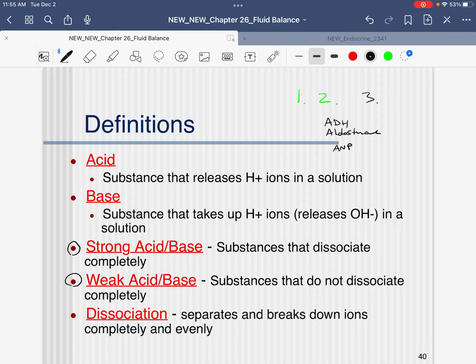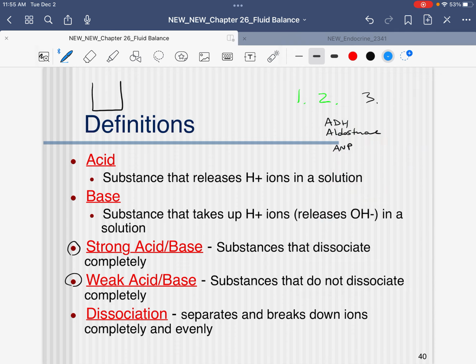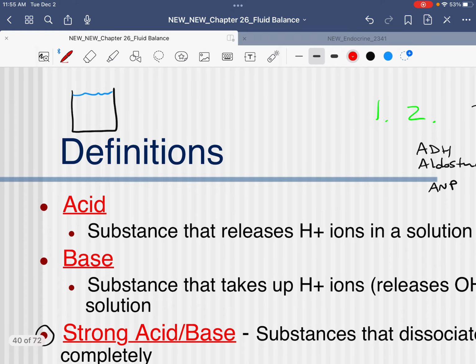You may remember that in lecture we defined an acid as something that, when put into a solution, say a beaker that just has water in it, releases hydrogen into the solution. So the key word for an acid is that it releases hydrogen ions into the solution.